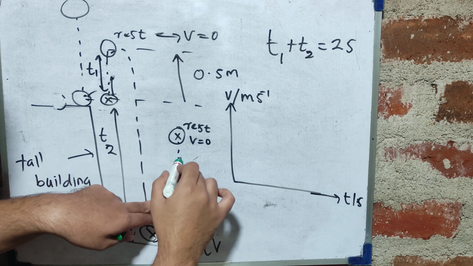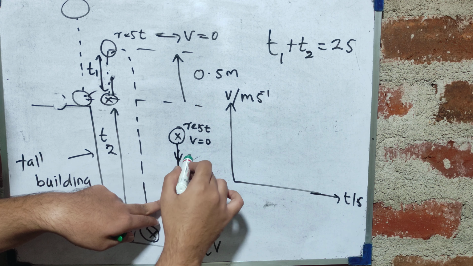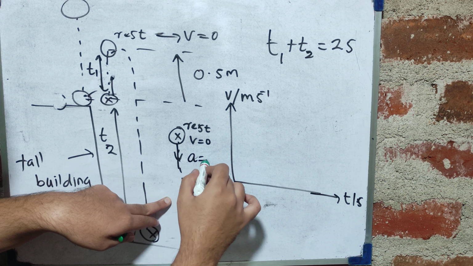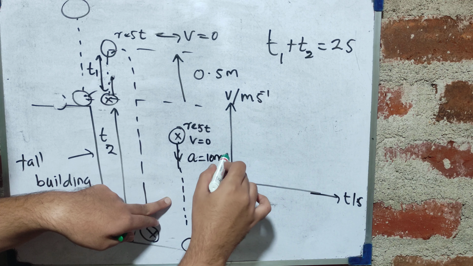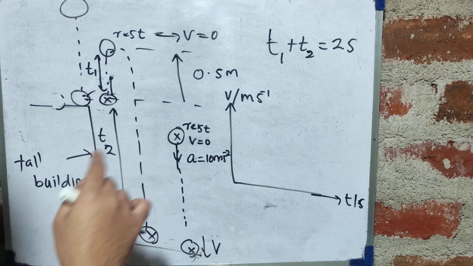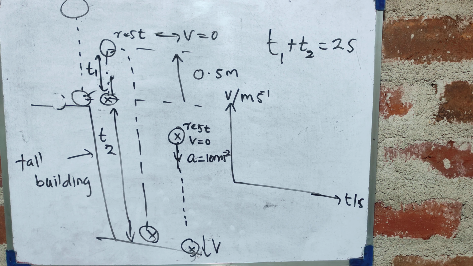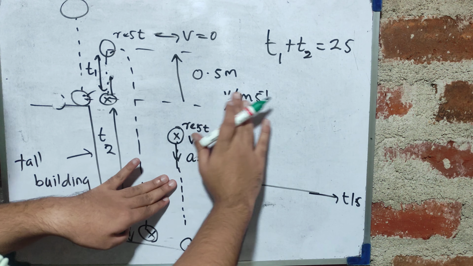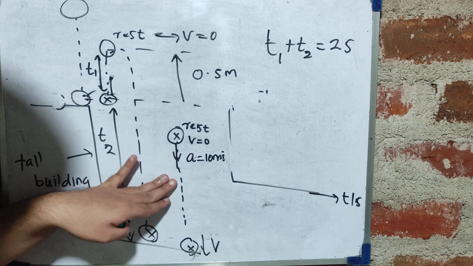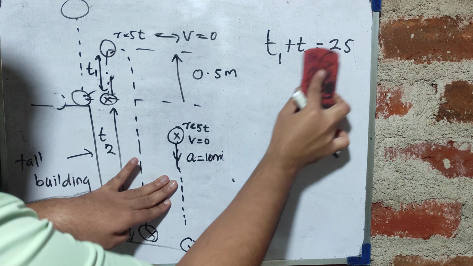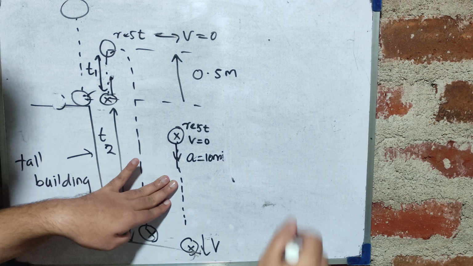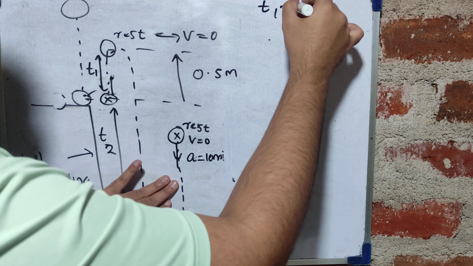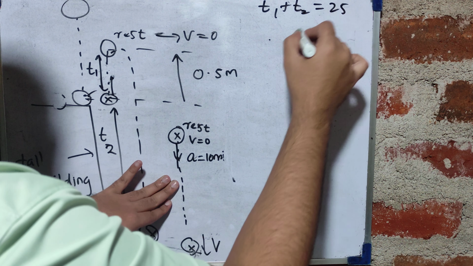That is, there is an acceleration acting on it of 10 meters per second squared. Gravitational acceleration is taken here. t1 plus t2 is equal to 2 seconds.